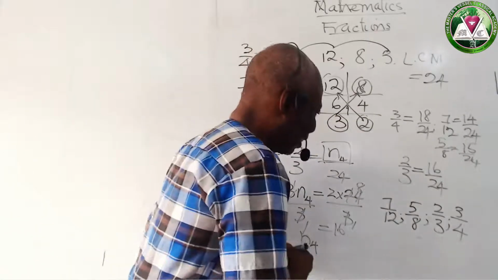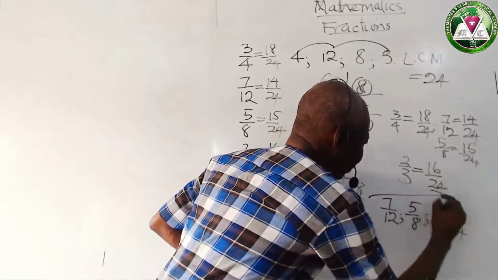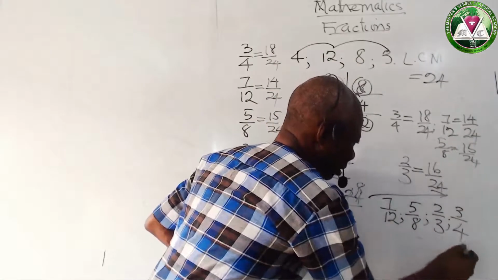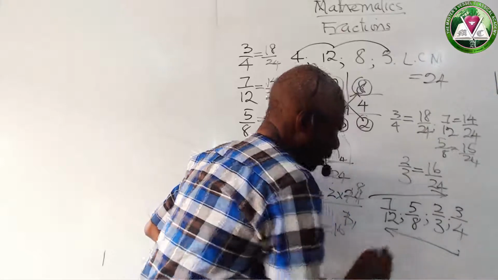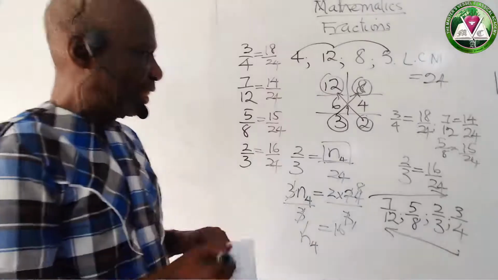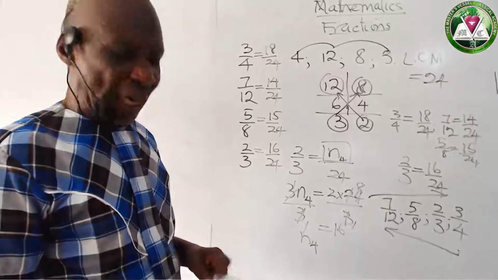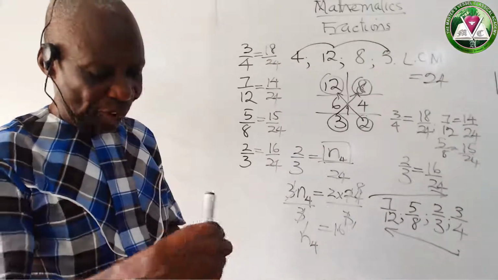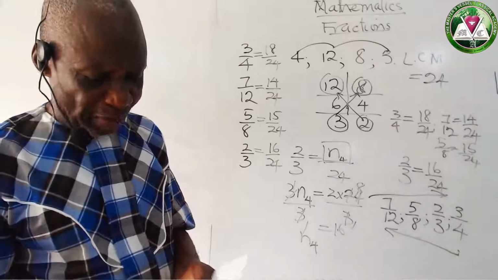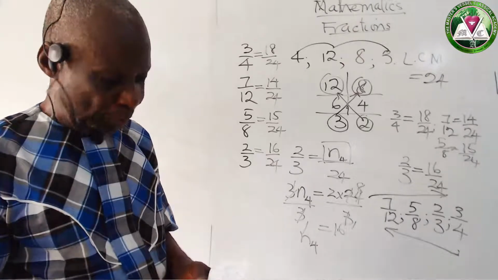This is ascending that way, but this other one, if we go there, coming this way, that is descending. Ascending order, smallest to biggest, descending from biggest to the smallest. That is arrangement of fractions in order of magnitude.